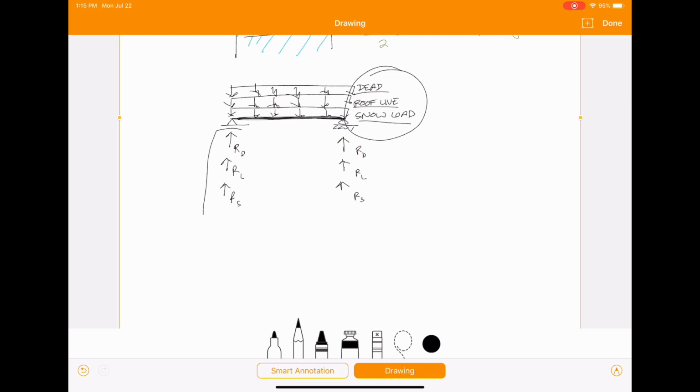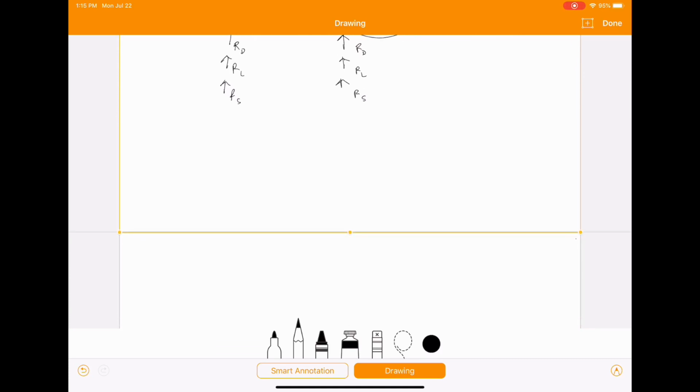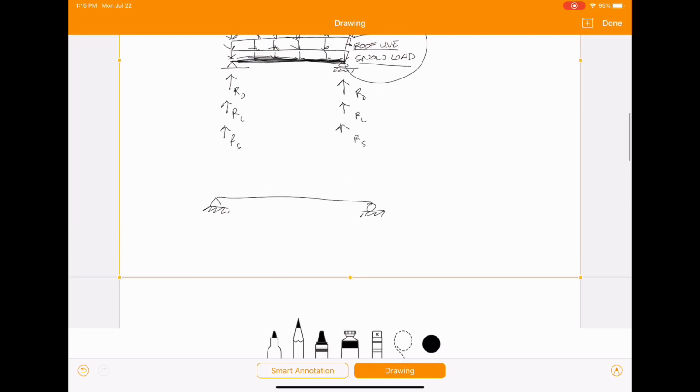Again, you don't want to factor these. Once you have them unfactored, then you can go ahead and factor them to analyze this beam. But when we move on to the girder, you're going to want to use your unfactored loads.